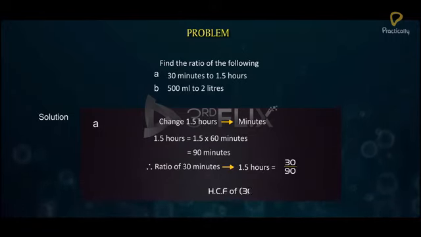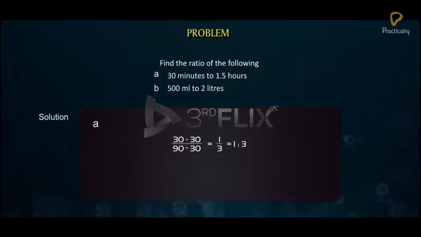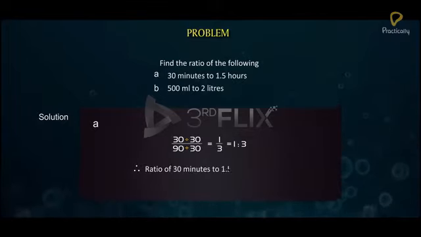HCF of 30, 90 is 30. 30 divided by 30, whole divided by 90 divided by 30. It is equal to 1/3, or 1:3. Therefore, the ratio of 30 minutes to 1.5 hours is 1:3.